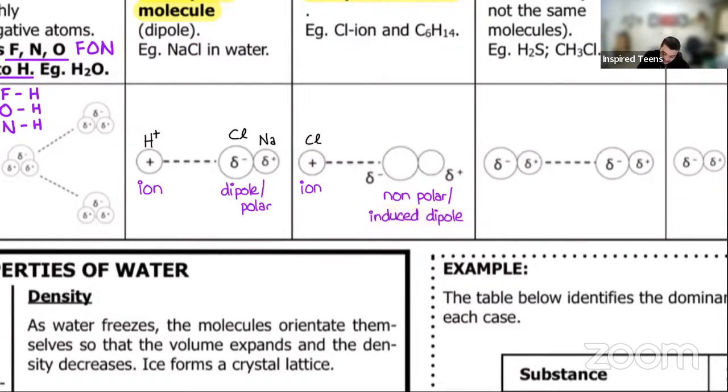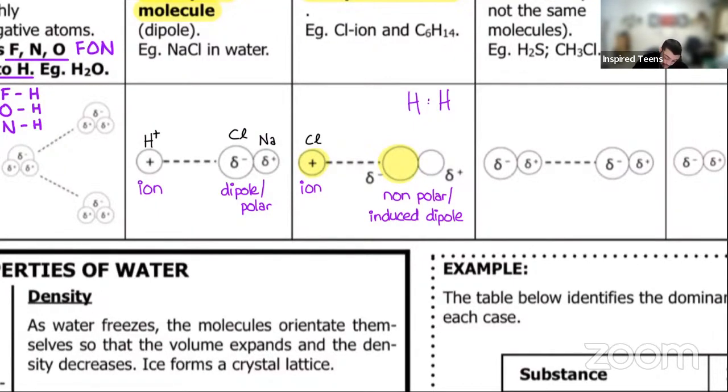It's a formed dipole. So basically what happens is the negative electrons of the non-polar molecule are attracted to the positive charge. Remember, a non-polar molecule like H2 has an even distribution of electrons, therefore it is non-polar.